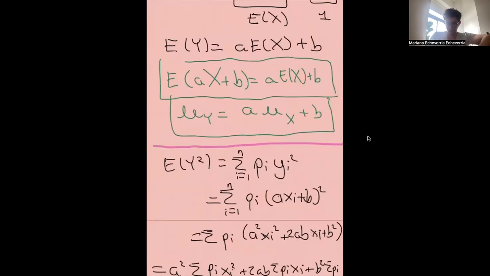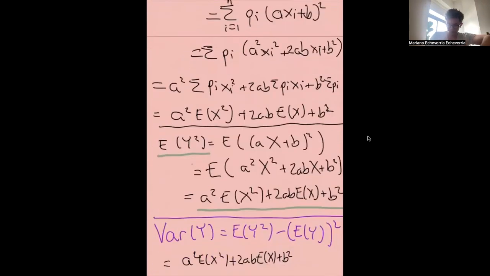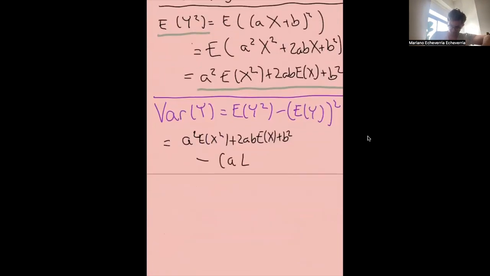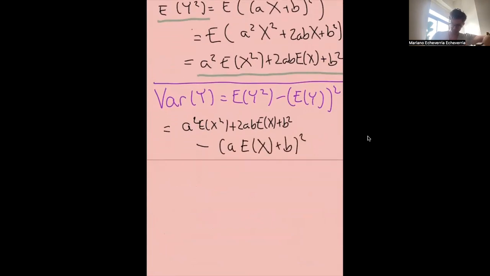Expected value of y was a E of x plus b, squared. Okay, so you get a squared E of x squared plus 2ab E of x plus b squared.